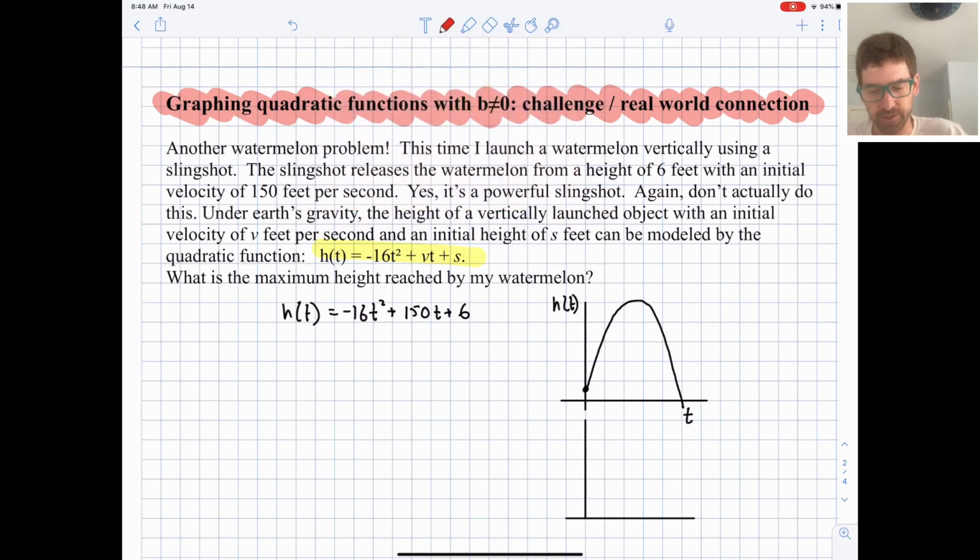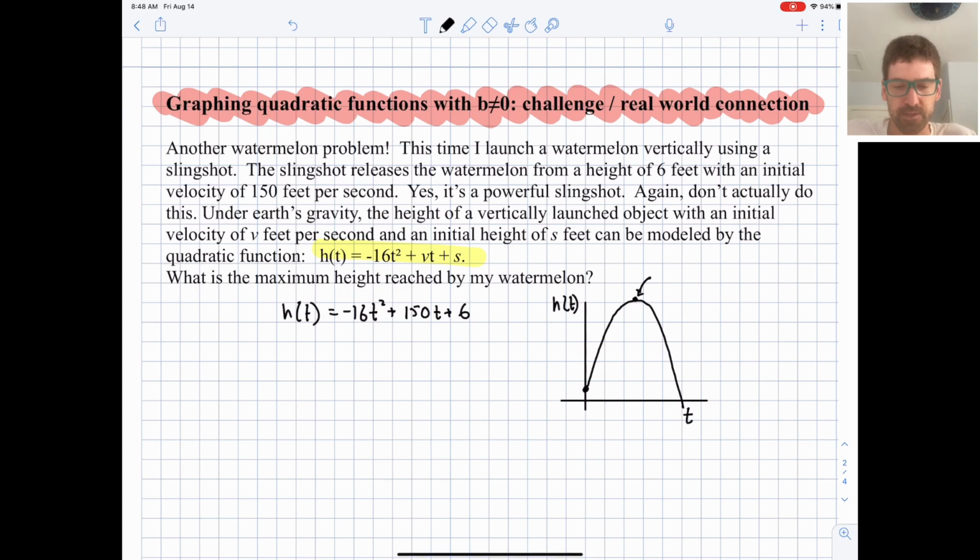I'm shooting it straight up in the air, so it's going to go straight up and then come straight down, right? And then that's going to be its maximum height. So I'm not graphing the physical track of the watermelon with a parabola. I'm graphing its height versus time with a parabola. Okay. So we want to find this point.